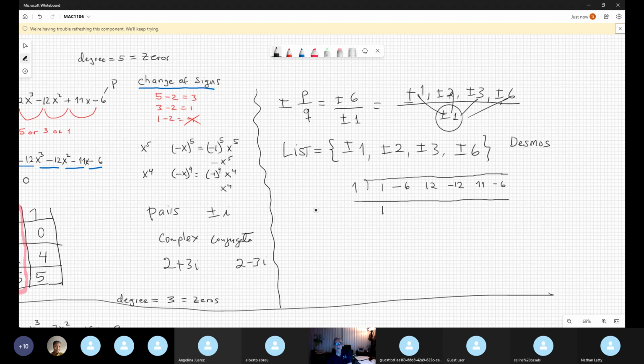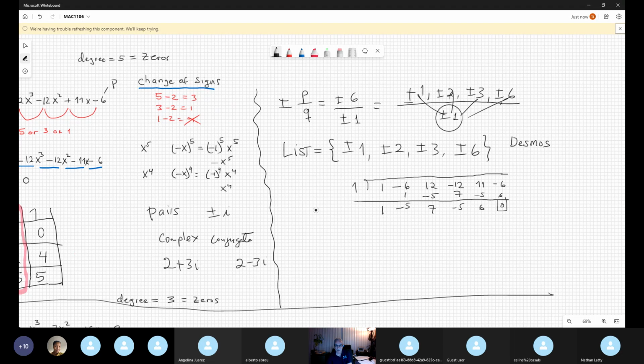Bring down 1. 1 times 1 is 1. And -5. -5 times 1 is -5. And 12 minus 5 is 7. And 7 times 1 is 7. And minus 12 plus 7 is -5. And -5 times 1 is -5. And 11 minus 5 is +6. And +6 times 1 is +6.